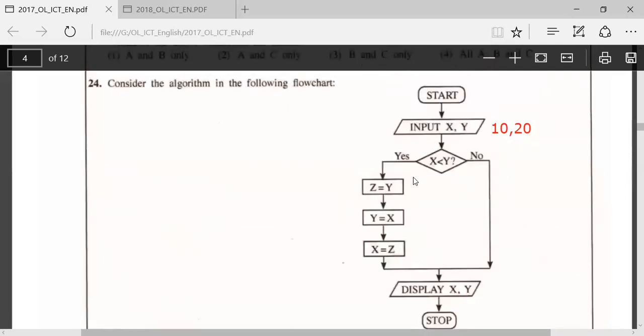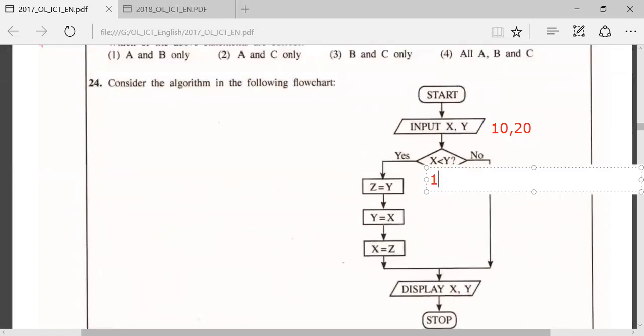So I am going to compare x, 10 less than 20. 10 less than 20, it is yes. So it will go here. It is a simple selection. So this side won't work.